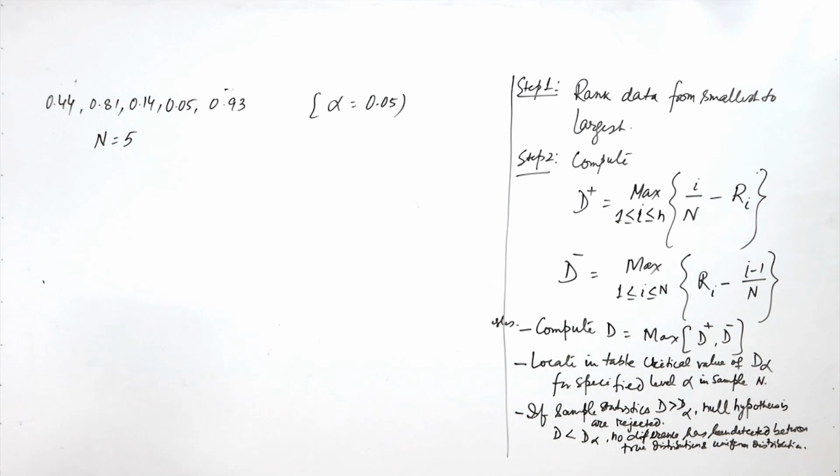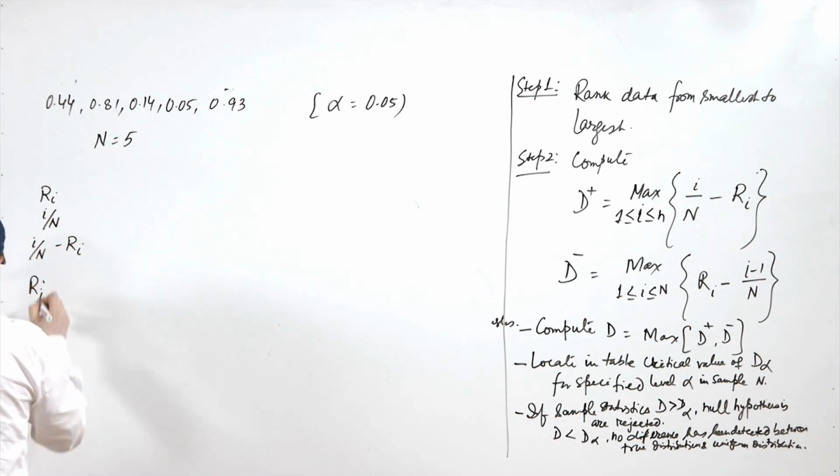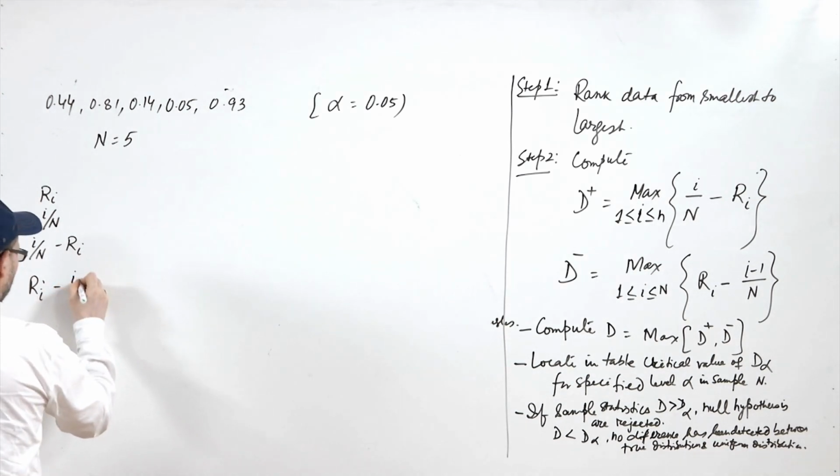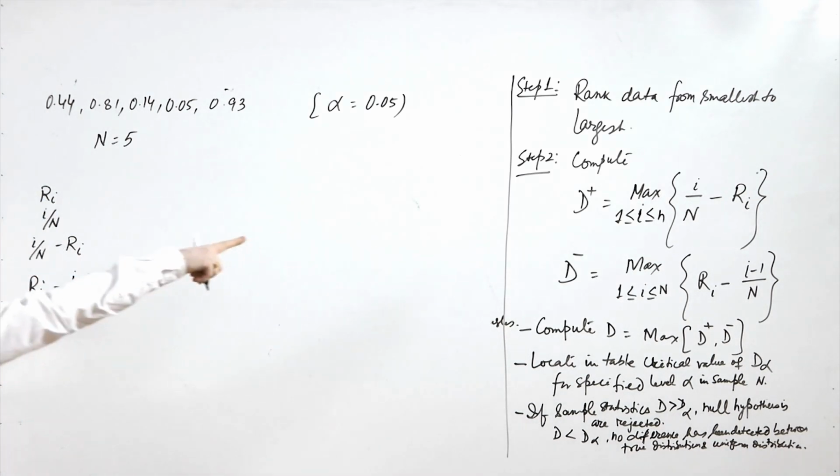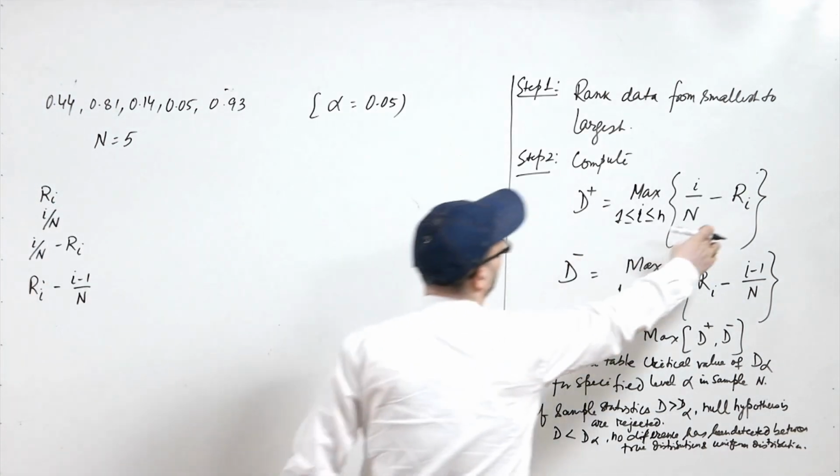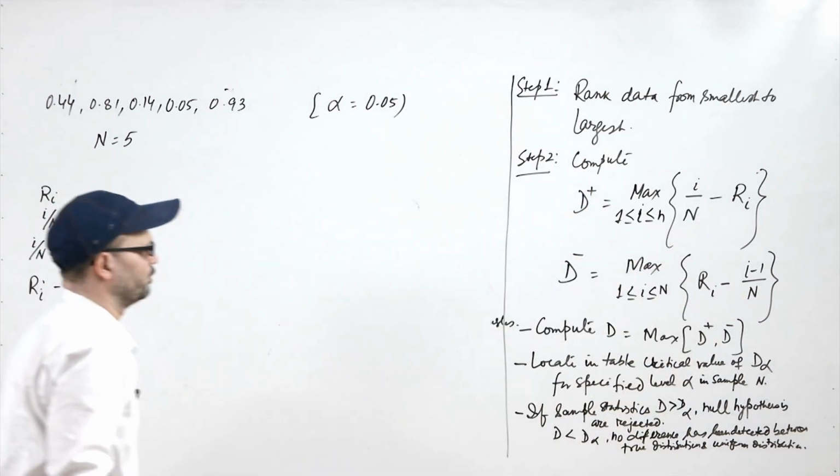Now, you have the value r_i, then the value i upon n, i upon n minus r_i, and r_i minus (i minus 1) upon n. These are the parameters you are required to calculate.